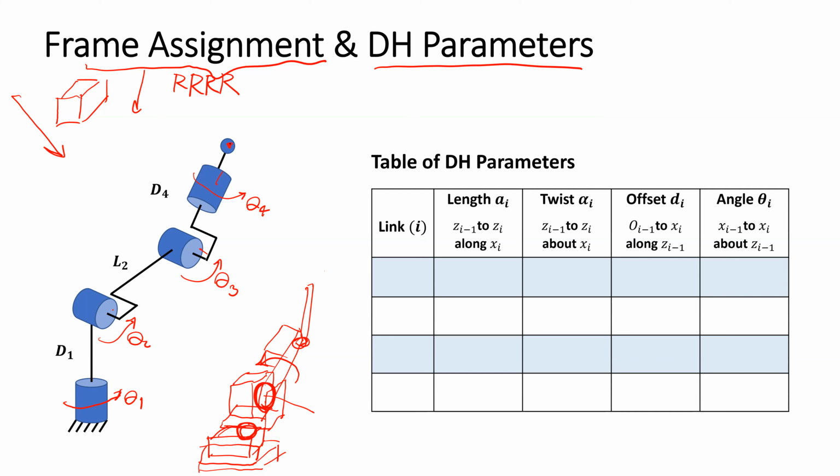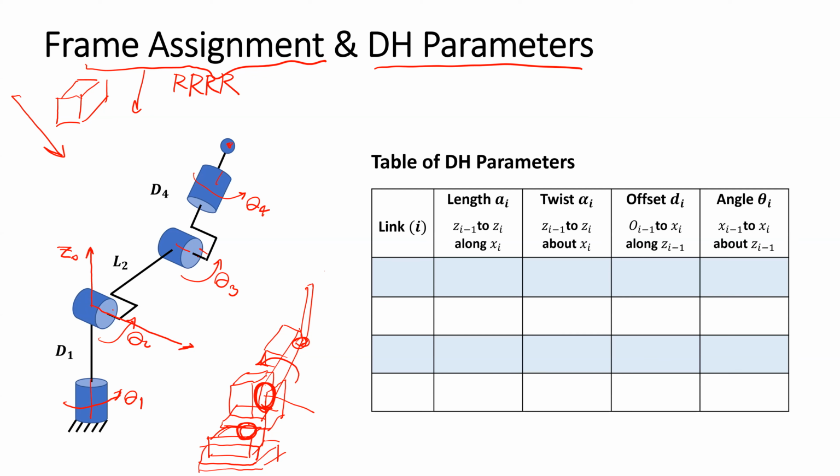We may begin with the z direction. The z direction needs to be coincident with the rotational axis of the revolute joint.